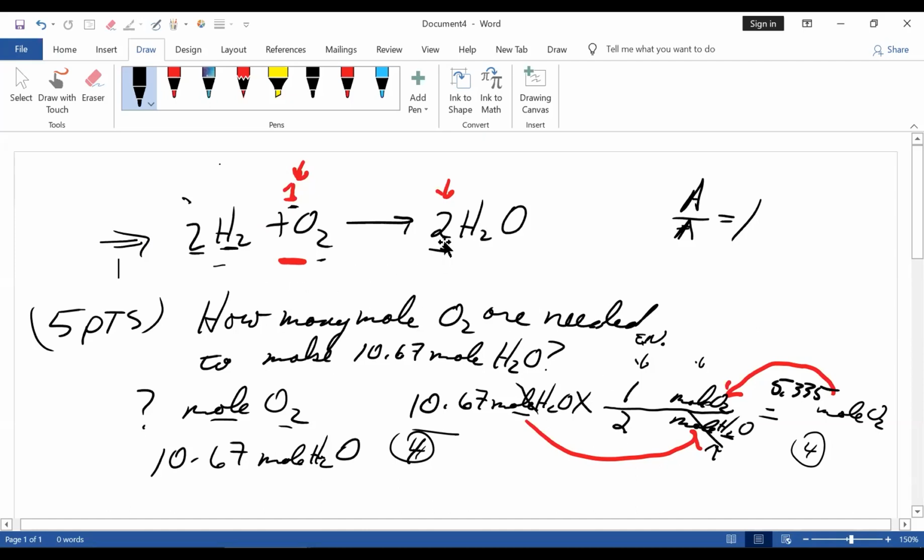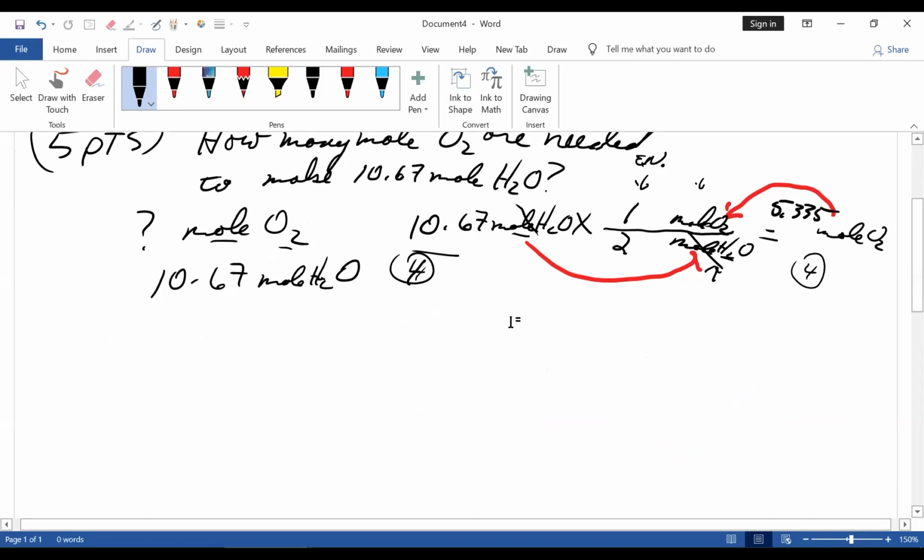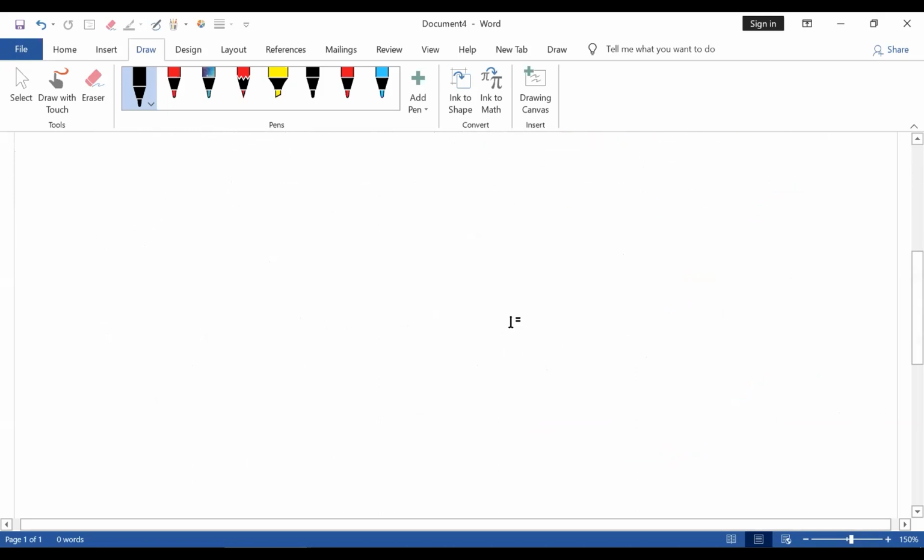You can't have 2.5, 2 1/3, whatever. These are always exact whole numbers. Therefore, they do not play a role in your calculation to determine how many significant figures. In this case, this was the only one, and here we have that. Oh, this is fun. Let's do another one.